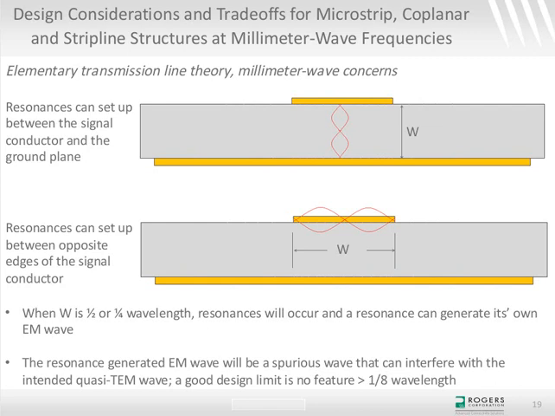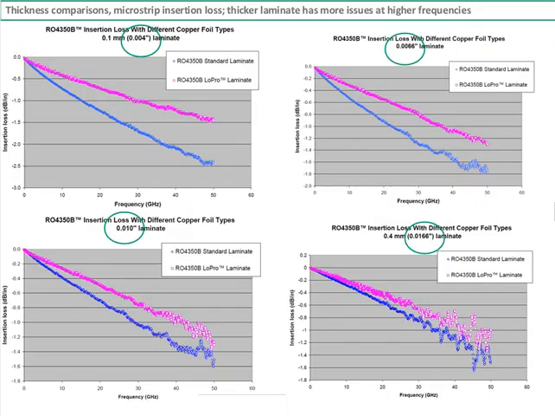The wave you do want is usually a TEM wave or a quasi-TEM wave, and I've found from several different experiments that making sure these features are 1/8 wavelength or less is a good thing. You do not want circuit features, thickness, or conductor widths larger than 1/8 wavelength. Academically we usually say a quarter wavelength, but from a practical sense, I've seen that you can have issues even a little bit bigger than 1/8 wavelength.